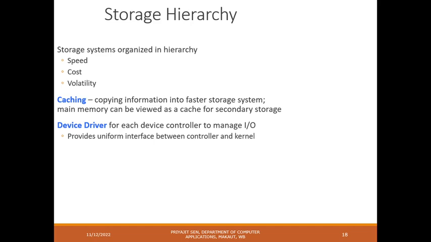But RAM cannot store data permanently, whereas SSD and hard disk can store data permanently. So there is a difference in speed and also in cost, because the cost of RAM is higher than the hard disk, whereas the hard disk is less costly than RAM.